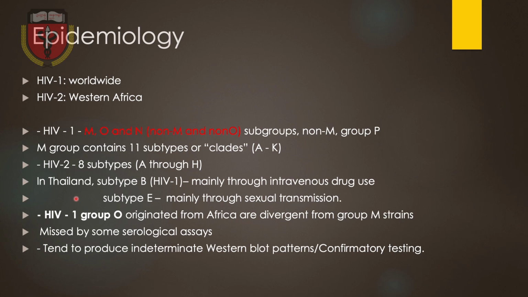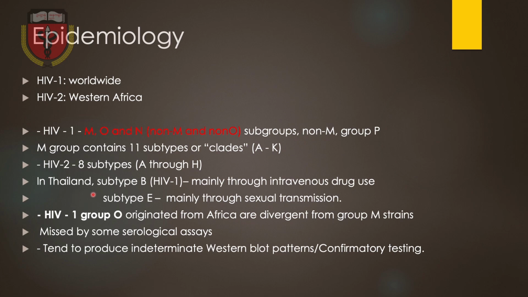Again, HIV-2 is mostly unique to Western Africa. But with worldwide increased travel between countries, people with HIV-2 can also travel from Western Africa to other parts of the world, and you can also diagnose HIV-2.